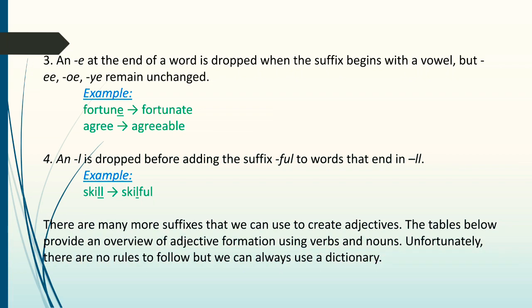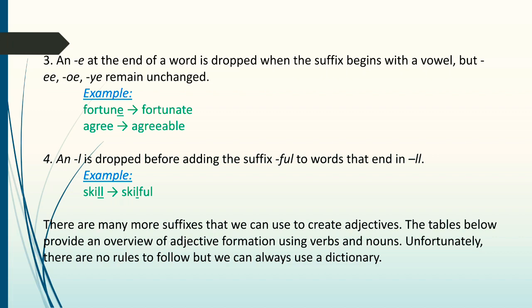As there is a double E at the end of the word, we have not dropped any E. An L is dropped before adding the suffix ful to words that end in double L. For example, skillful from skill.